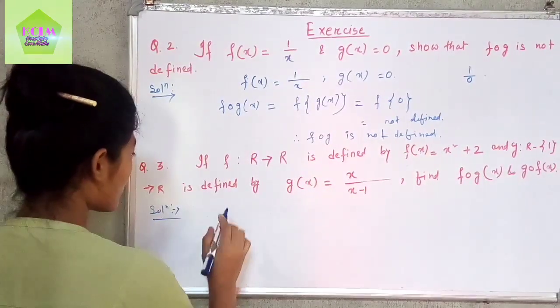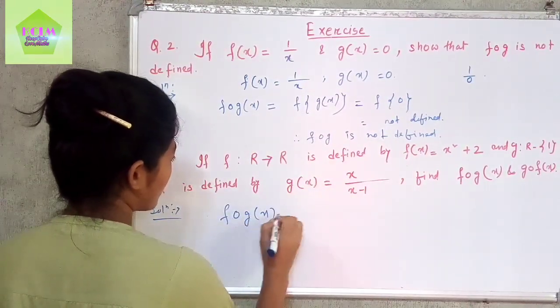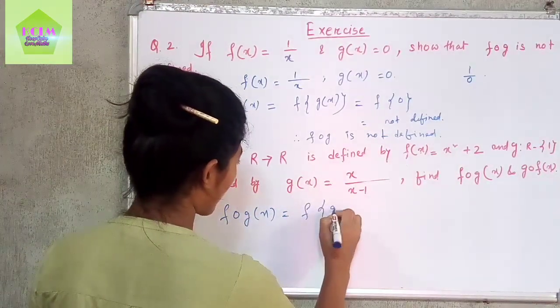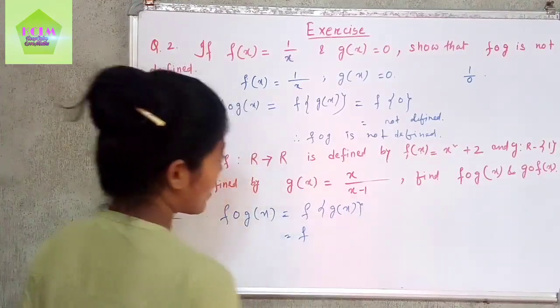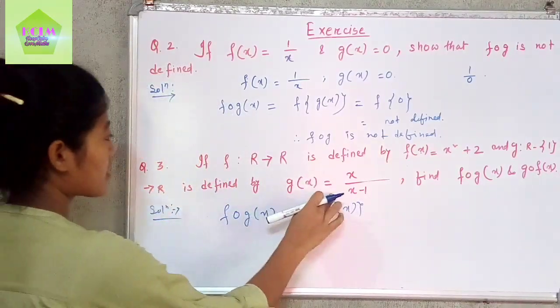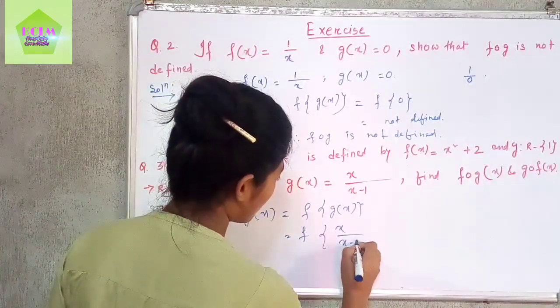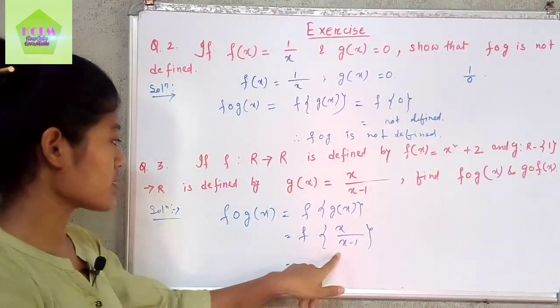So, the solution is f naught g of x is nothing but f of g of x, and g of x is defined as x by x minus 1. Again, what will be the value of f of this?